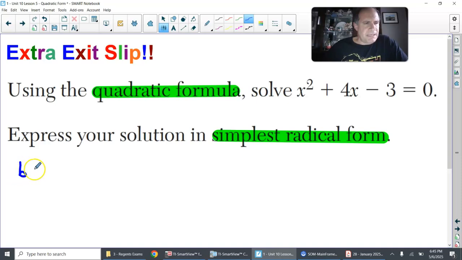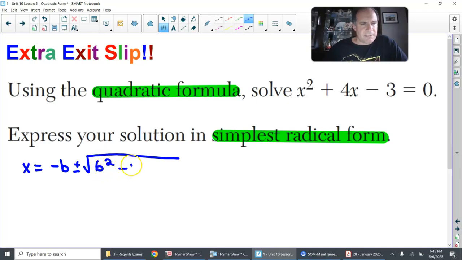We're going to put x equals, because we're solving for the roots, x equals negative b plus or minus square root of b squared minus 4ac, all over 2a. We're going to look this up on the reference sheet.